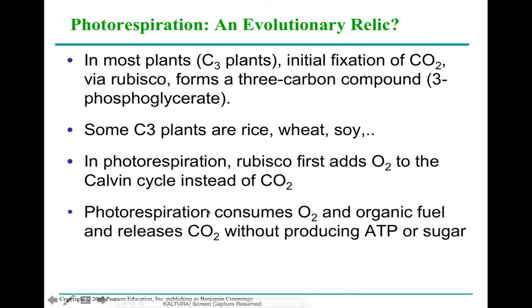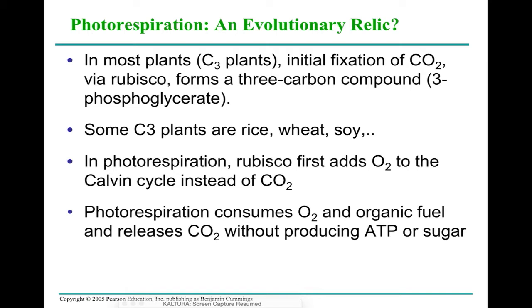When there is less carbon dioxide, these C3 plants, which are rice, wheat, soy, are fixing oxygen instead of carbon dioxide, adding it to RUBP. So rubisco is quite confused in C3 plants because the pores are closed, and the oxygen is not escaping and carbon dioxide is not coming in, right?